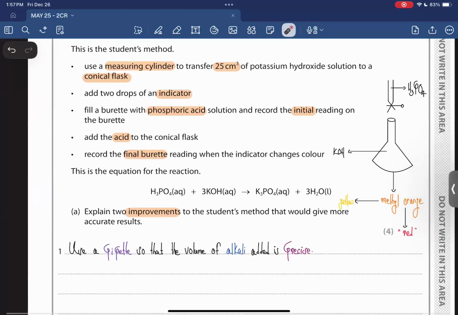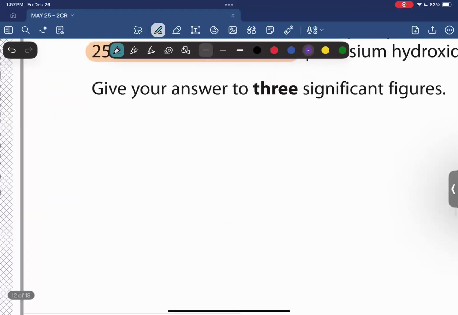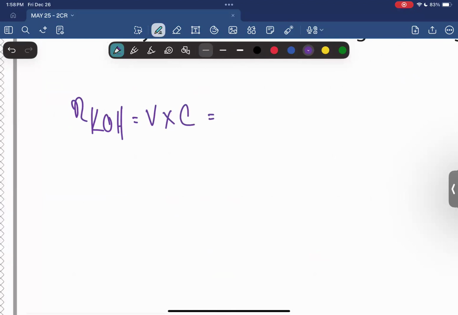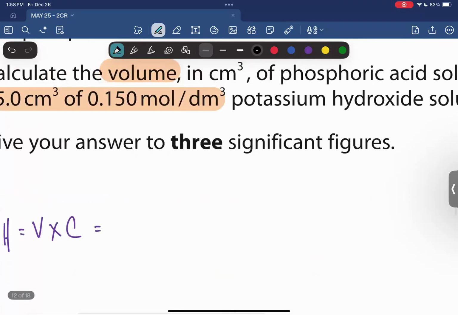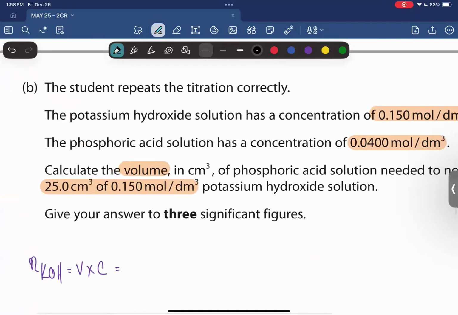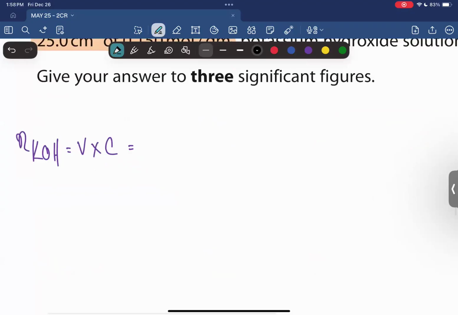So n of potassium hydroxide is going to be equals to volume times concentration. This should be equivalent to, the volume is what? The volume is 25 centimeter cube, right? Now you have to convert that volume to dm cube. So 25 divided by 1000.